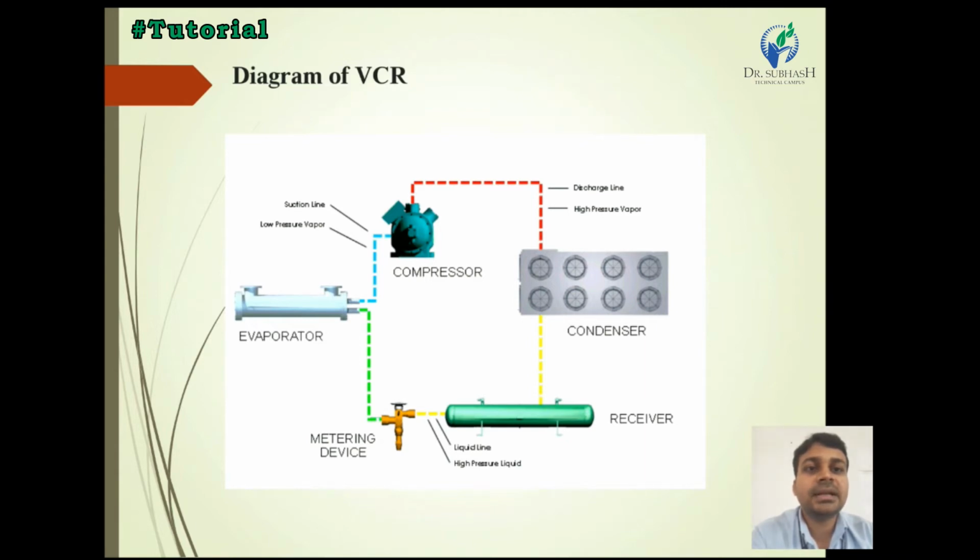The green line shows that after the expansion process, the temperature and pressure go very low, and the low-temperature, low-pressure refrigerant passes to the evaporator for absorbing heat from the enclosed space. Then the refrigerant passes to the compressor. The cycle continues running through these four components by the compressor.